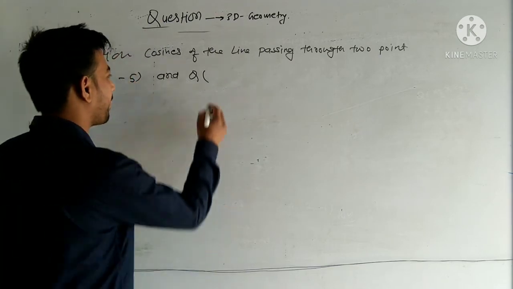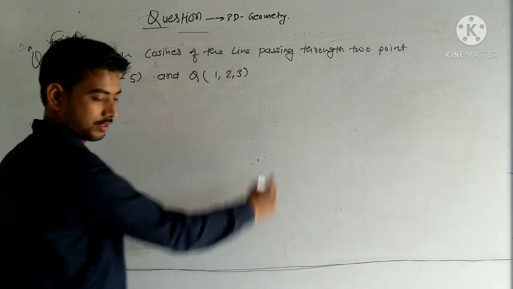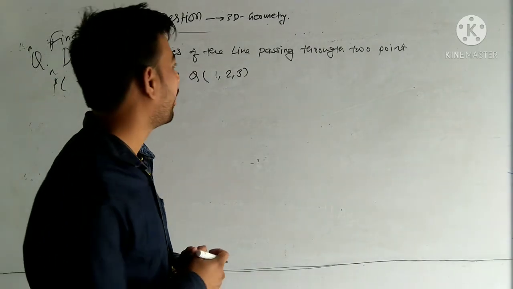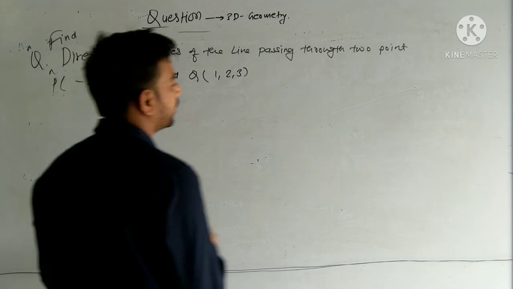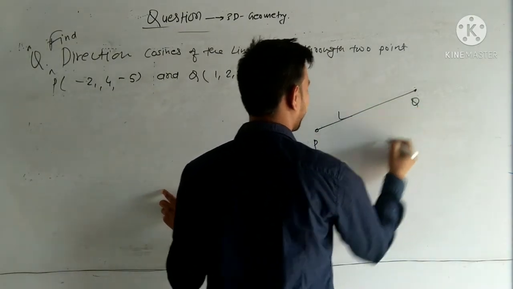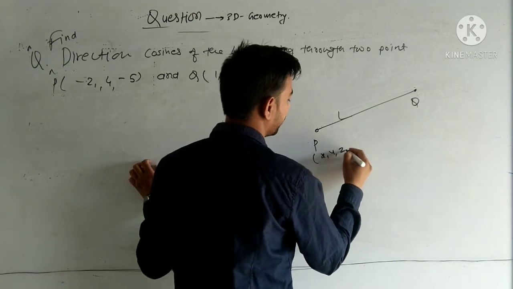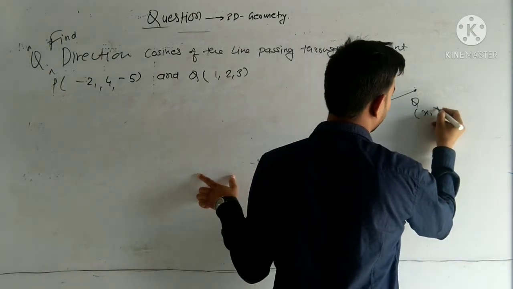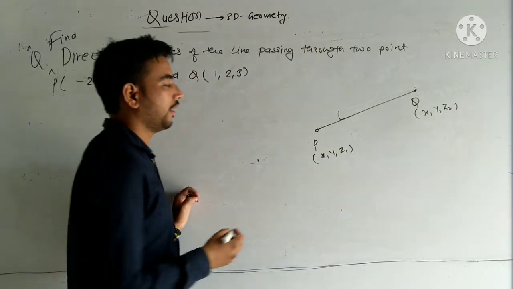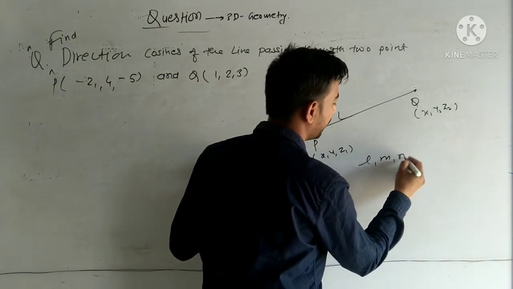The other point is (1, 2, 3). So here is the question. Now how will you find it if the line is passing through two points P and Q, with coordinates x1 y1 z1 and x2 y2 z2? And how do you find the direction cosines?